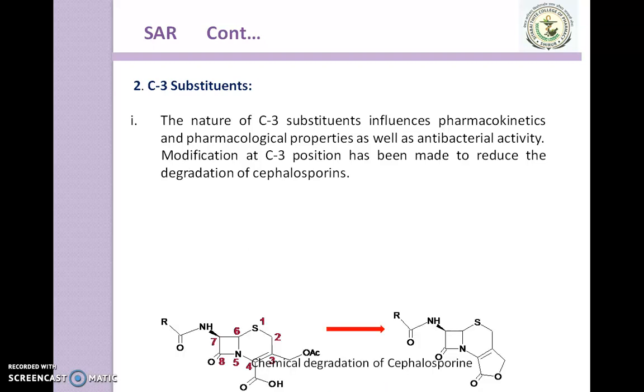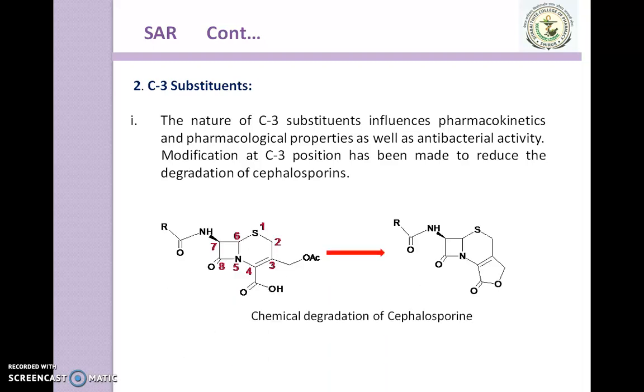Generally, chemical degradation happens due to the presence of the acetoxy group on carbon 3, and due to chemical degradation it forms a lactone compound which is totally inactive. But with modification at the carbon 3 position, this will not happen and it gives better pharmacological as well as pharmacokinetic properties.